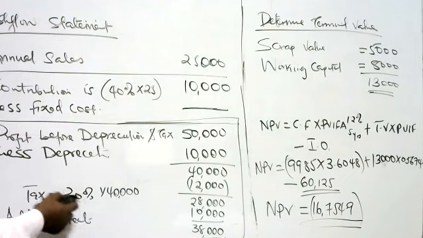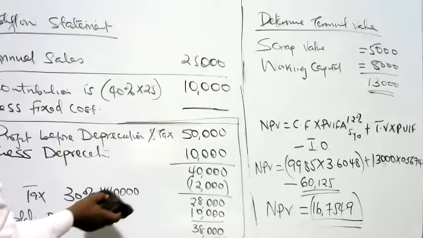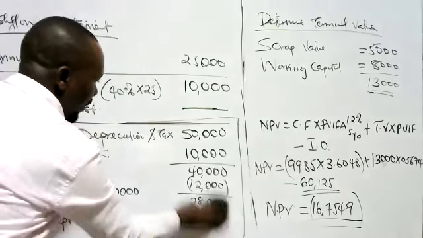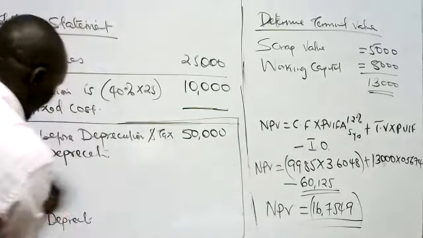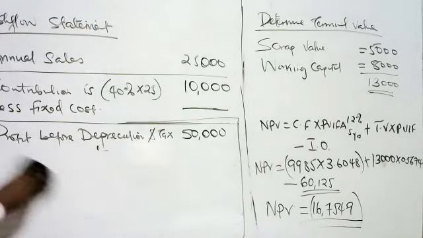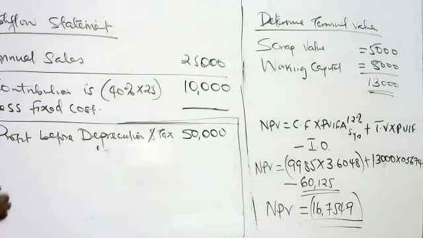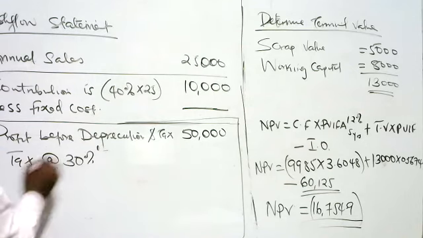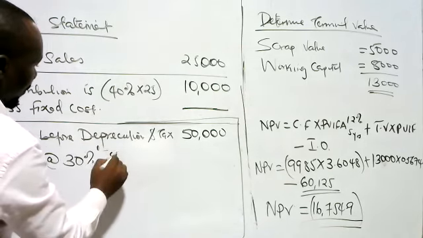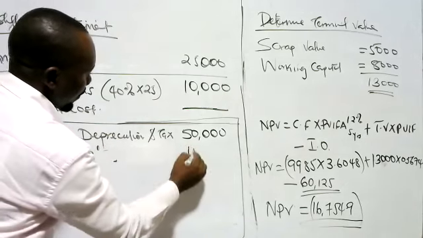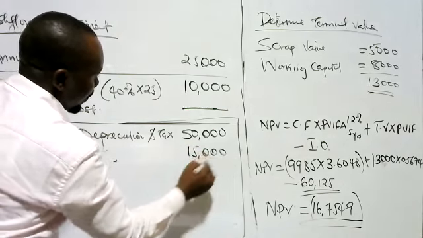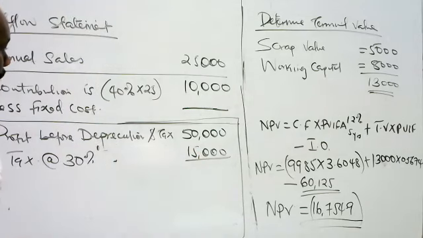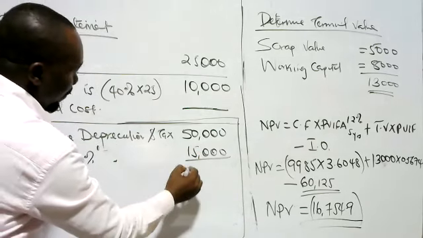So the new way, we are saying that you tax this first, 30,000. The new way is that you tax first this amount. So tax at 30%. Tax of 30% of this will be 15. Right? So that will be giving you 35.